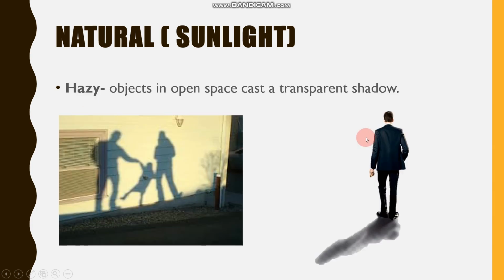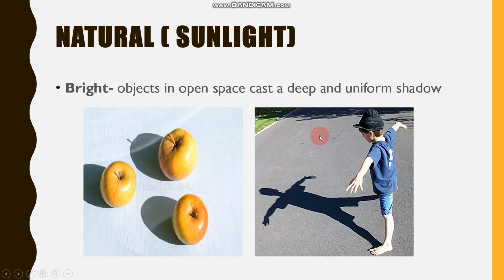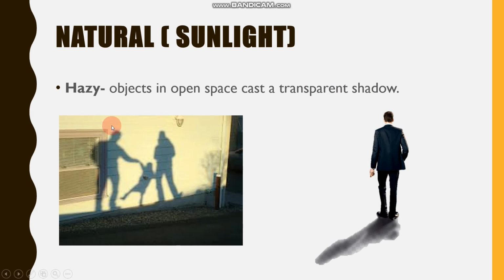Next is the hazy condition, wherein objects in open space cast a transparent shadow. So, observe nyo, di ba? As compared dun sa kanina, meron tayong deep and uniform shadow. Kapag hazy naman, yung condition, transparent shadow yung nakikreate natin. Wherein the sun may be covered by thin clouds.